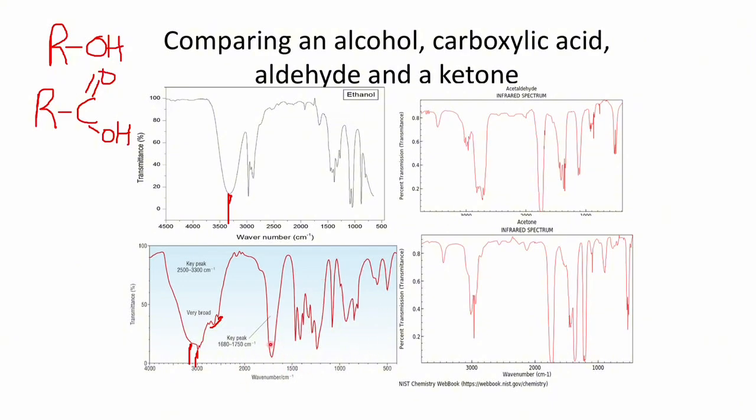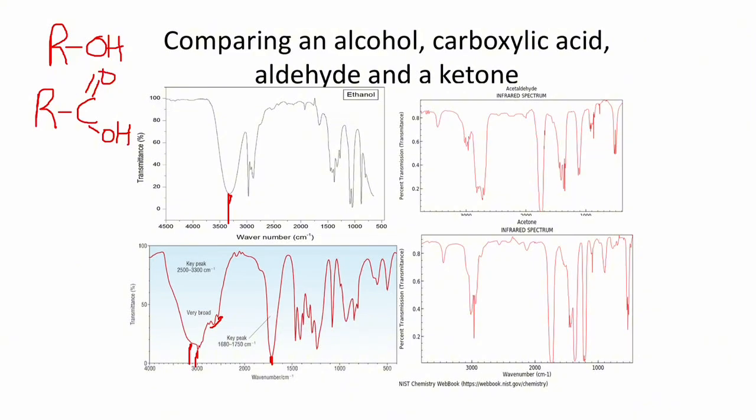If you look at this next very intense peak, labeled as 1680 to 1750, and check your table of information, that wave number range matches carbon double bonded to oxygen, which is present in your aldehydes, esters, carboxylic acids, and ketones.